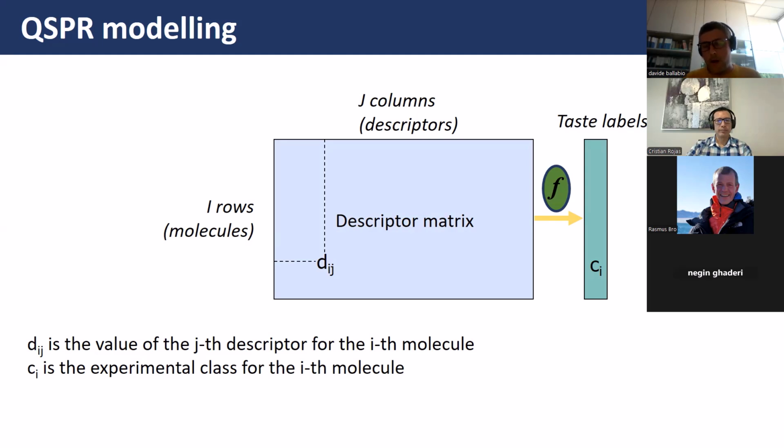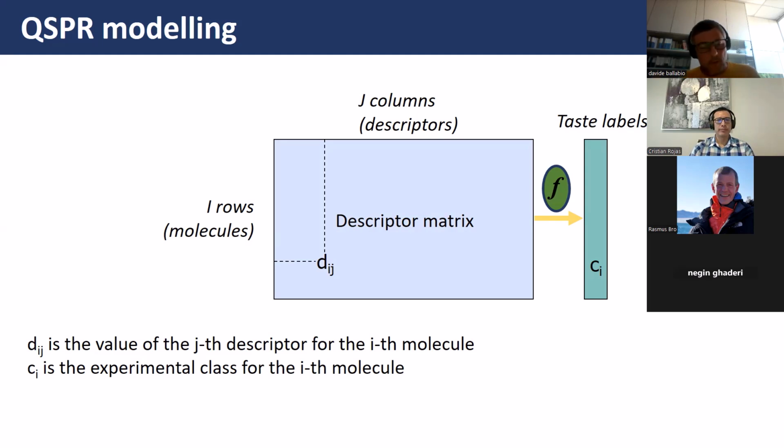So the columns are the features, the variables that we use to describe the molecular structure of all the chemicals. And then we have a property, a response, which is in this case a qualitative response, the taste label. For example, if you want to discriminate sweet from non-sweet chemicals, the taste label will be a binary label, stating if each chemical is sweet or not sweet.